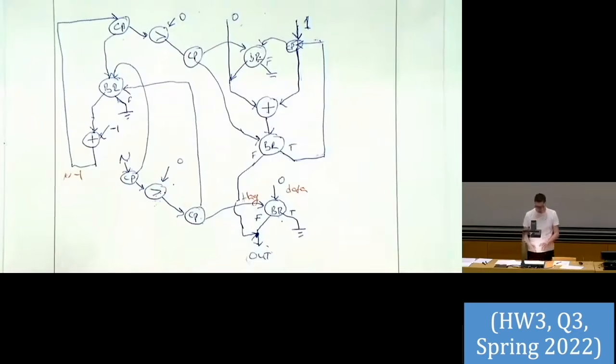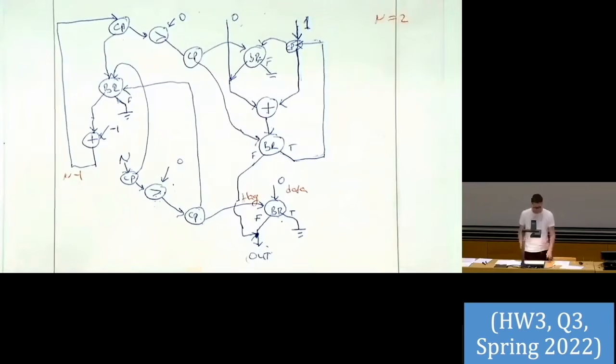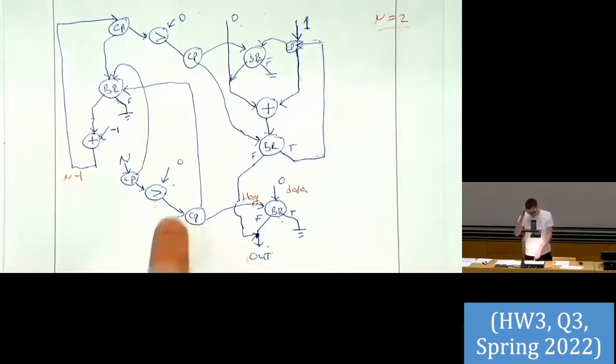Okay, so let's test the case where n equals 2. How much time do we have? Okay. So I hope I'll finish in 5 minutes. Okay, so let's just test the n equals 2 case. I think we already verified n equals 0 and 1. It should be obvious here.